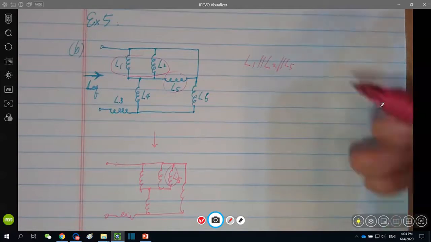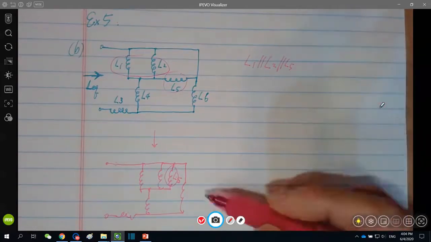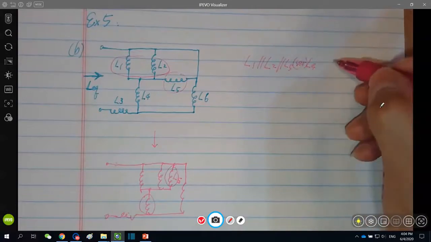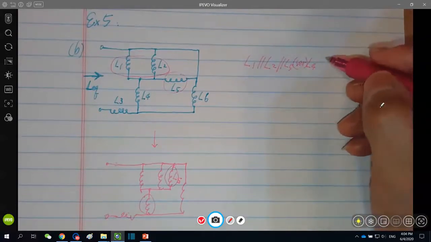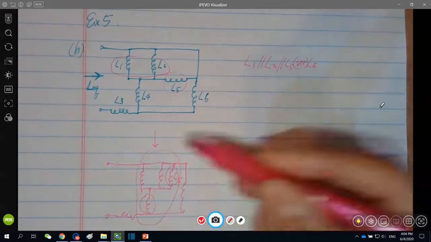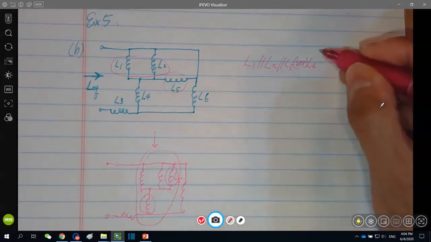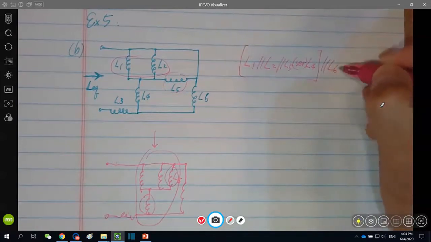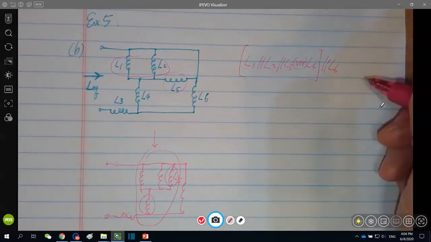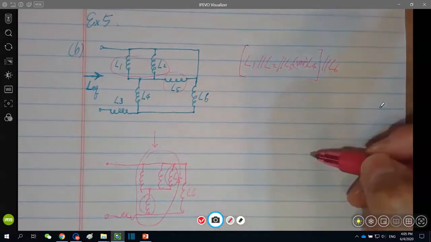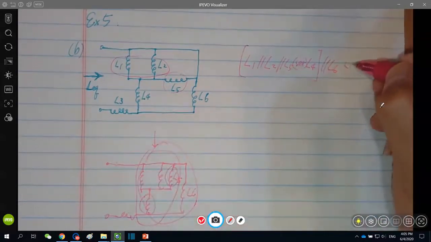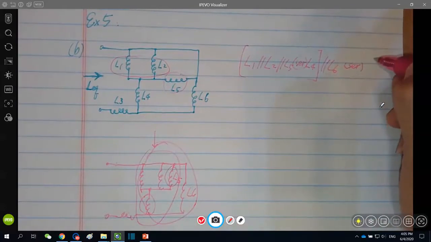This parallel obviously goes in series with L4. After that, the entire thing goes in parallel with L6. And after that, in total they connect in series with L3.